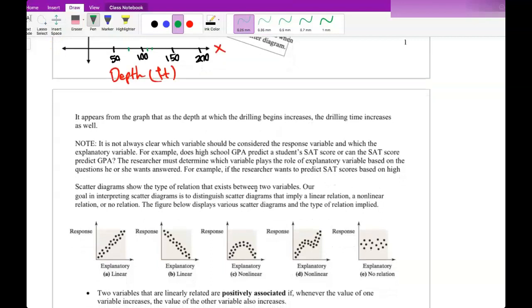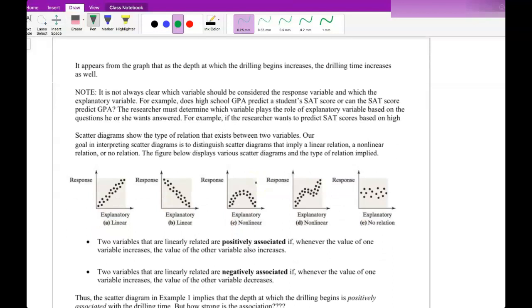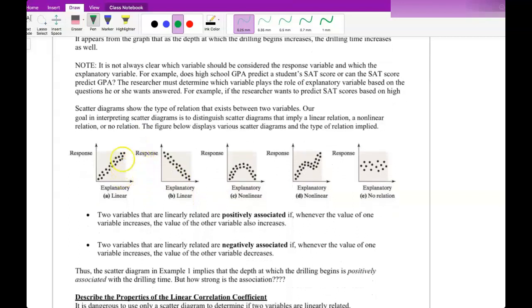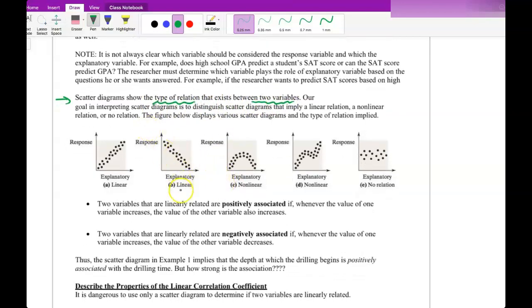Next page. Now in this part, we have scatter diagrams that show the type of relation between two variables, the type of relation between x and y. Here the x-axis is explanatory and the y-axis is response.